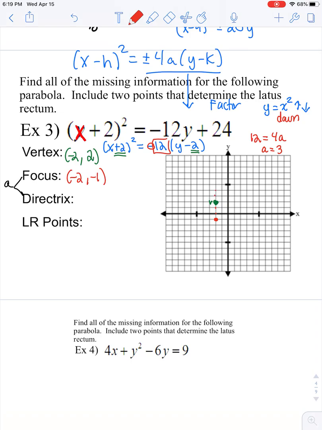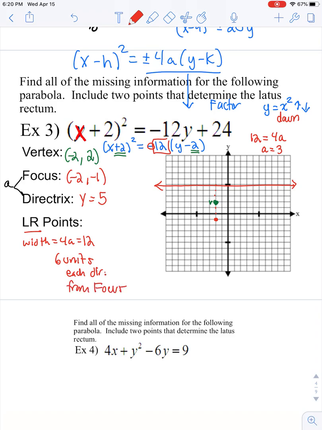The directrix is going to be up 3 points, which puts my directrix at 5. So my equation for the directrix is y equals positive 5. Last, my latus rectum, the width, remember, is 4a, which in this case is 12, which means we will go 6 units each direction from the focus.